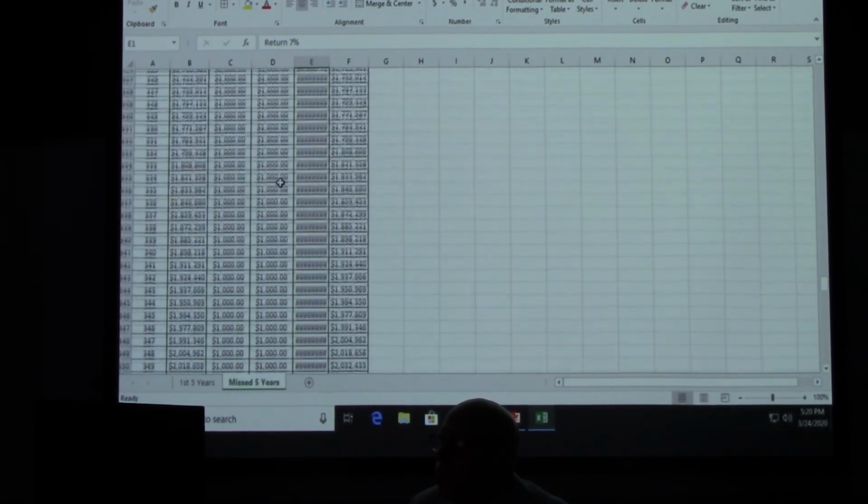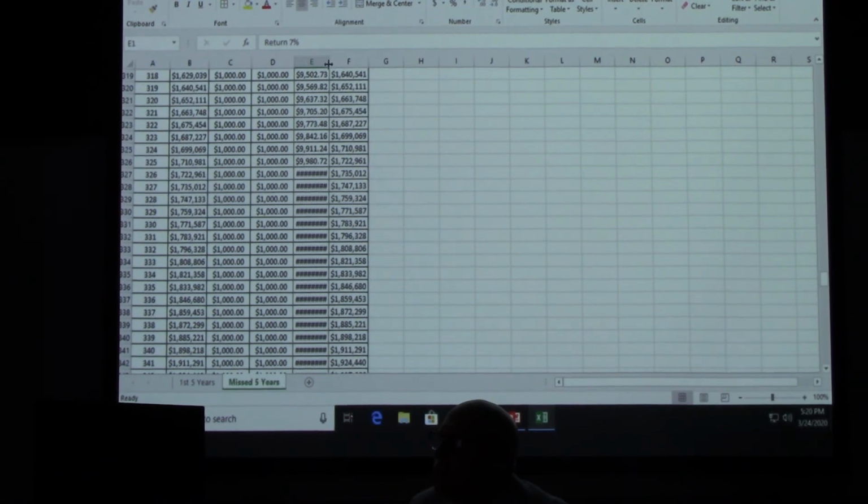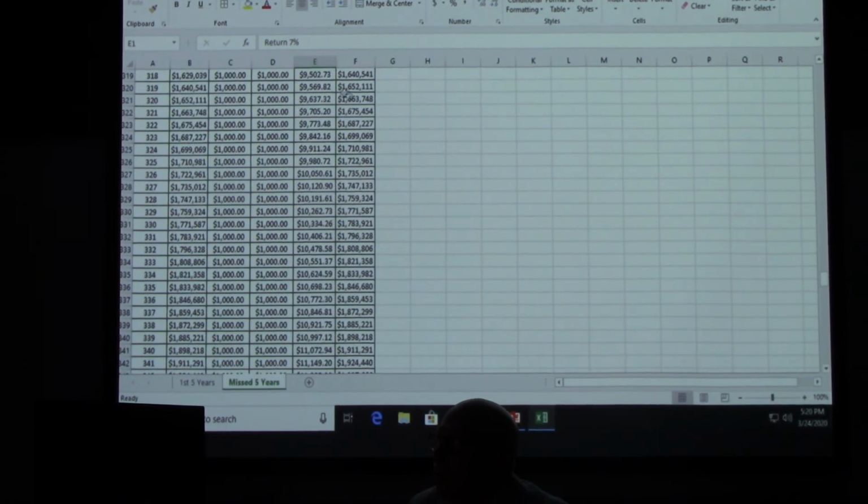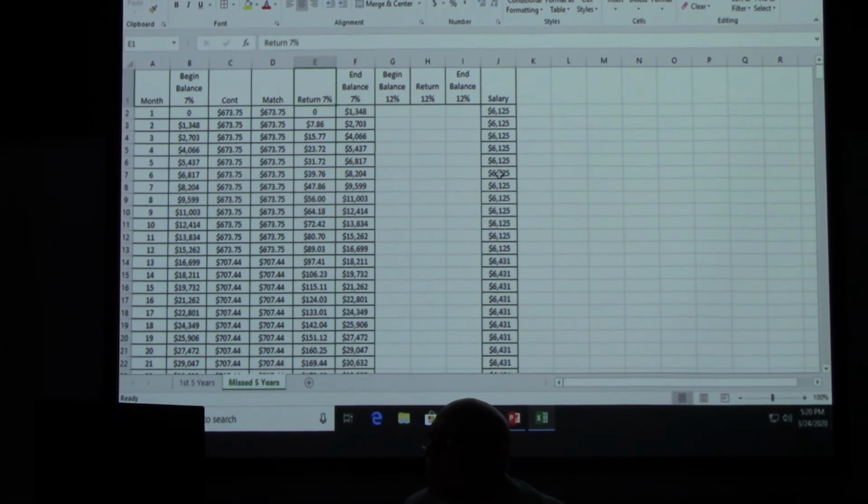That we did, yeah, that's why it opened up like that. Okay, so let's go back up here and see what would have happened if we had used a 12% rate of return instead of a 7% rate of return.